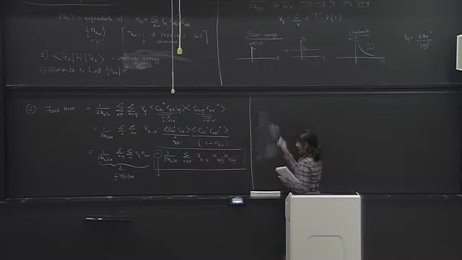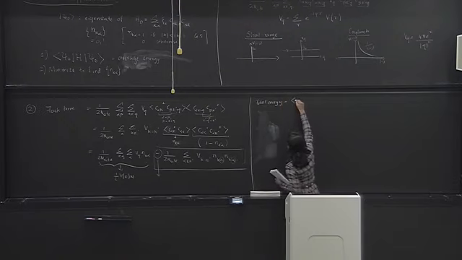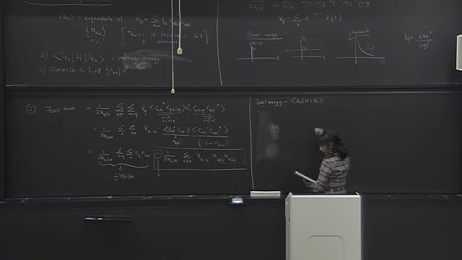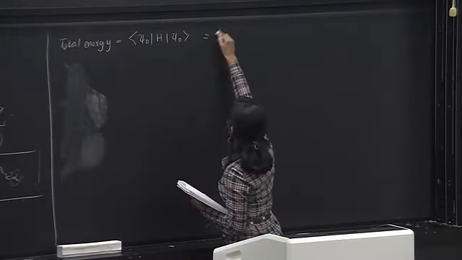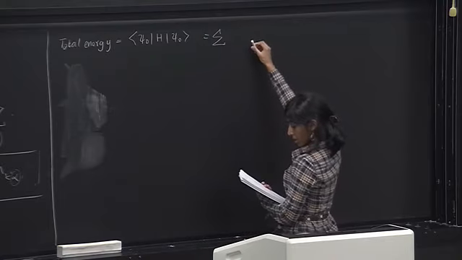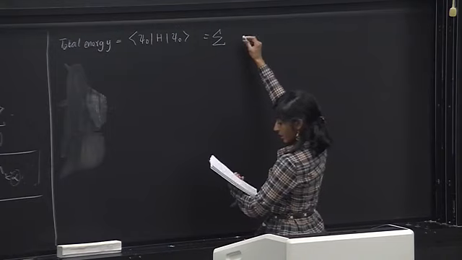Okay, so we put everything together, and we write down what the total energy is, which was just this, and we can write it in this compact form, basically.